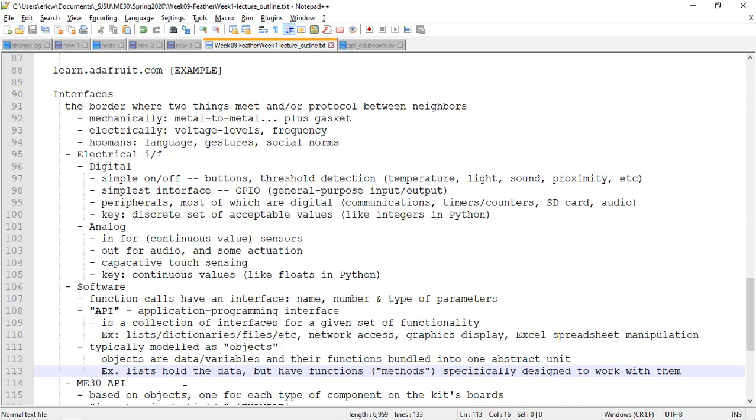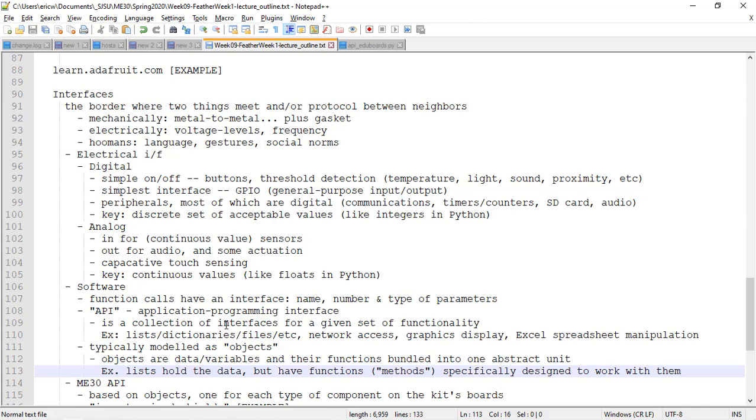Electrically, this tends to be done through varying voltage levels, or frequency in the case of things like Wi-Fi. And for us humans, our interface tends to be through language or gestures or even social norms. Like you might wave to somebody one way in some culture, and in another culture that basically means something that I probably shouldn't record here.